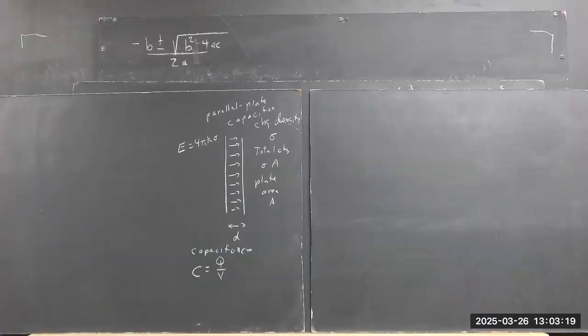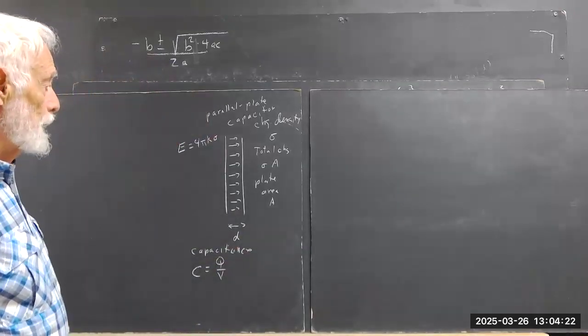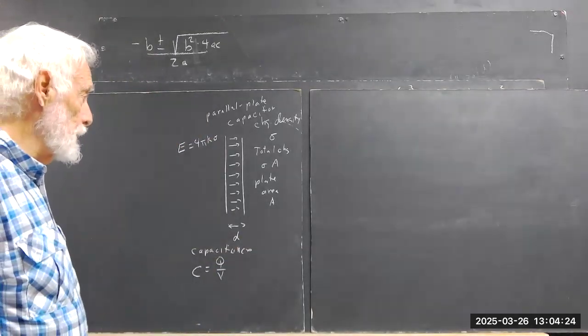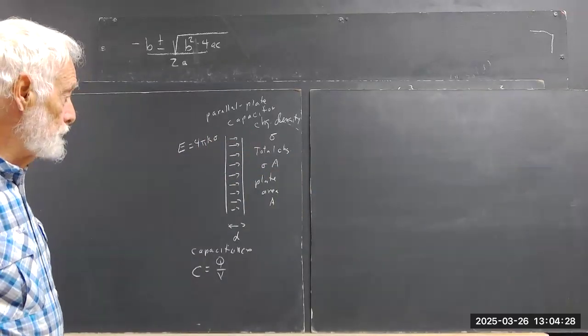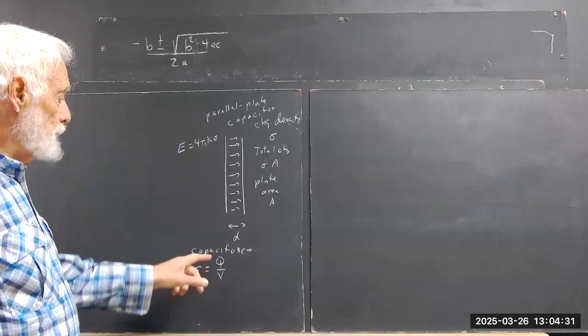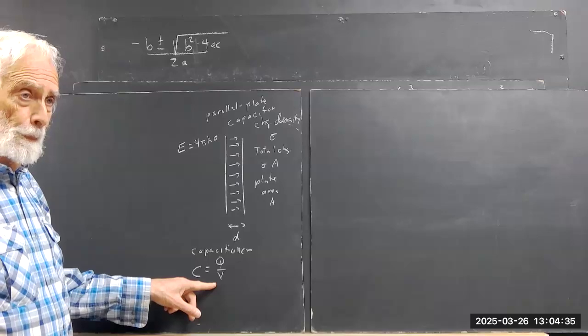So can you tell me what the capacitance of this capacitor is? It's something you know perfectly well. Total charge is sigma A. I wrote that down, but I think you figured that out. So that's your charge. Now the question is, what's your potential difference?